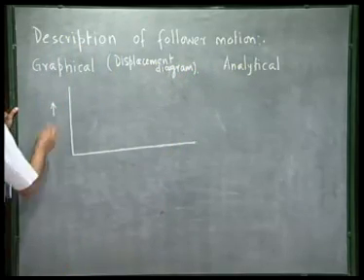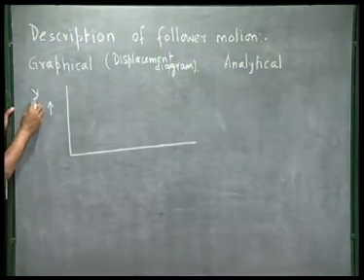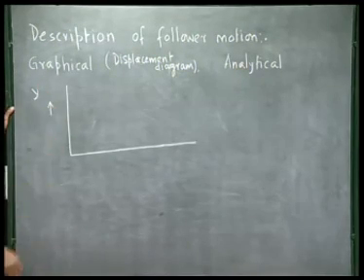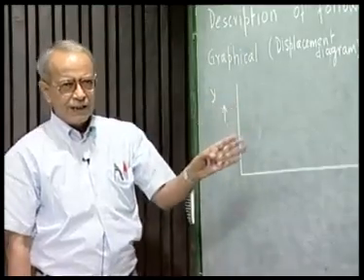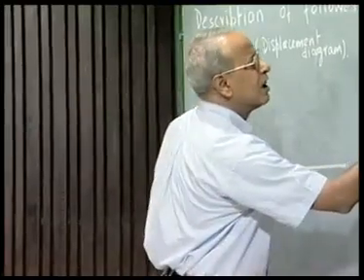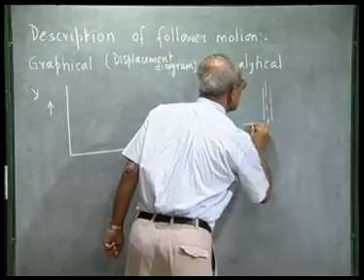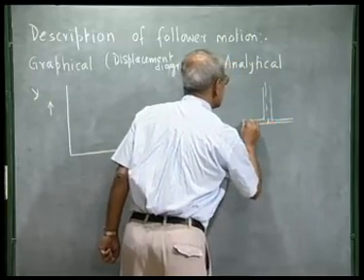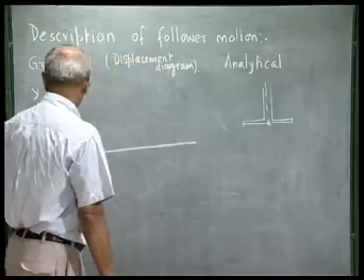We plot the displacement of the trace point, which we denote by y. Y is the displacement of the trace point, that is the roller center, or in case of flat face, it is the axis of the follower where it is intersecting the flat face, a particular point of the follower face, that is called the trace point.